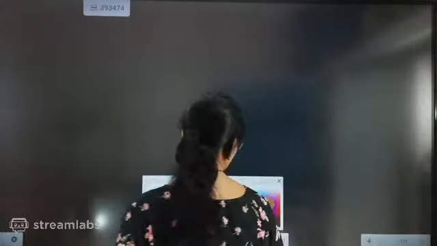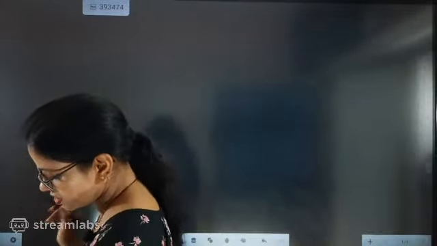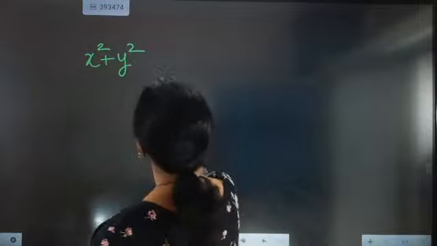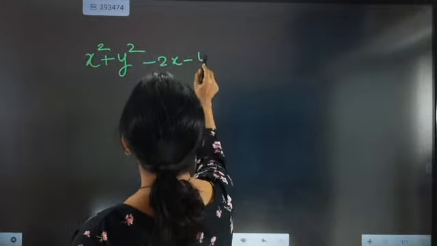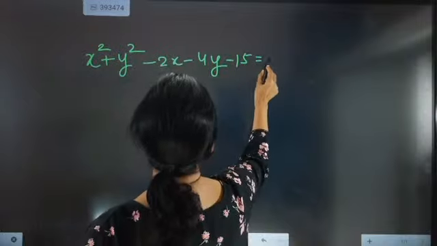I want all of you to solve this question. The equation of the circle given to you is, just solve this part. No one is going to wait, everyone is going to solve. x square plus y square minus 2x minus 4y minus 15 equal to 0.